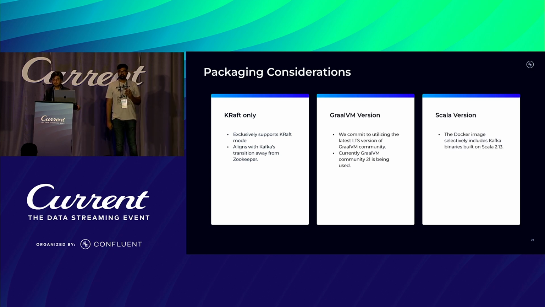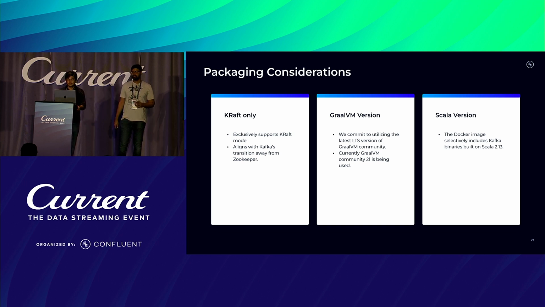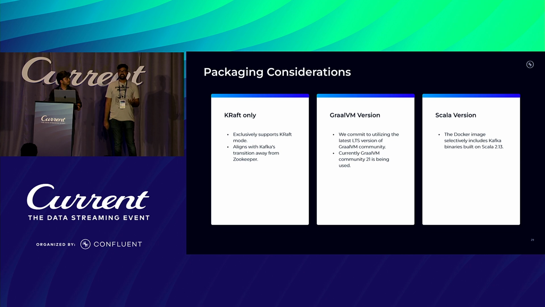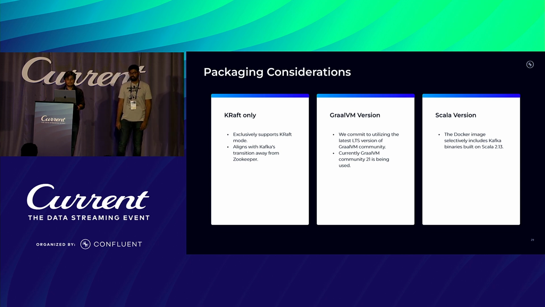Secondly, the GraalVM version that we'll be using to generate our native executable binary will be the latest LTS version of GraalVM Community Edition. Currently, that is GraalVM Community Edition 21. Finally, the Scala version that we will be using for the Kafka binaries will be Scala 2.13.